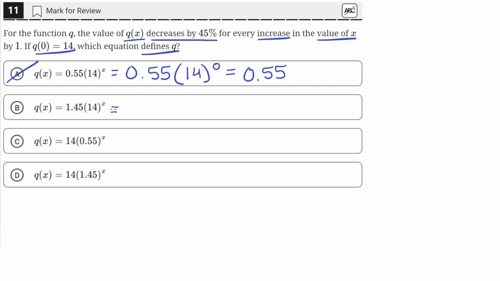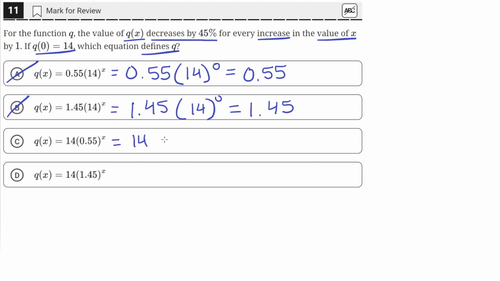Then answer choice B, we have 1.45 times 14. We'll plug in 0 for x, and then we'll just be left with 1.45, which again is not equal to 14, so answer choice B is incorrect. So A and B didn't satisfy the condition that q of 0 equals 14. So let's check C as well.